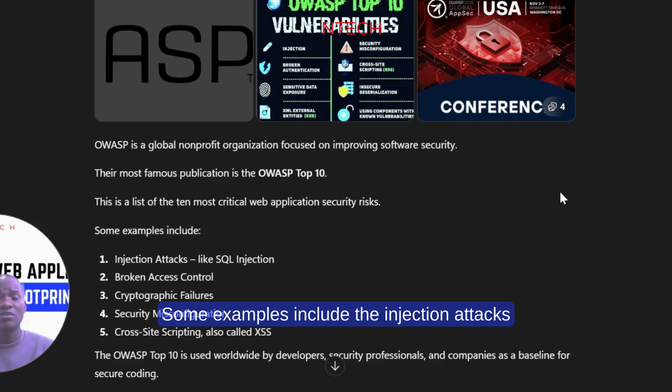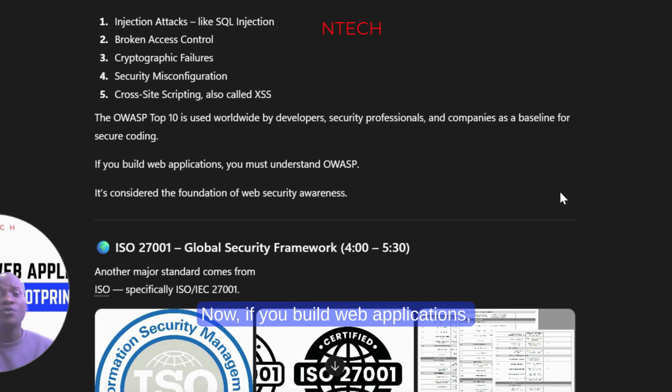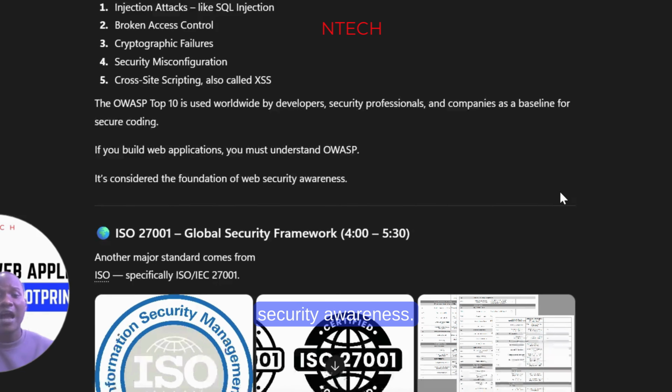Some examples include injection attacks like SQL injection, broken access control, cryptography failures, security misconfigurations, and cross-site scripting, which is also called XSS. The OWASP Top 10 is used worldwide by developers, security professionals, and companies as a baseline for secure coding. If you build web applications, you must understand OWASP. It is considered the foundation of web security awareness.